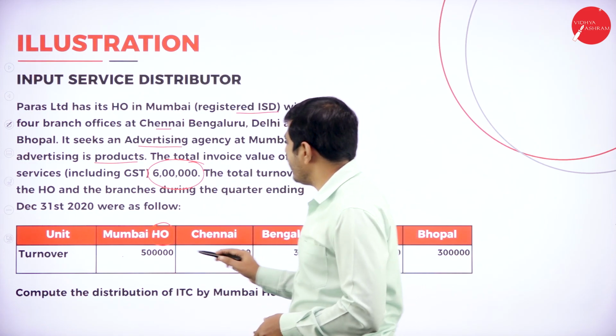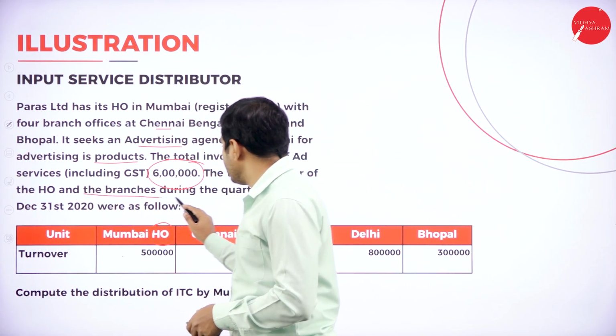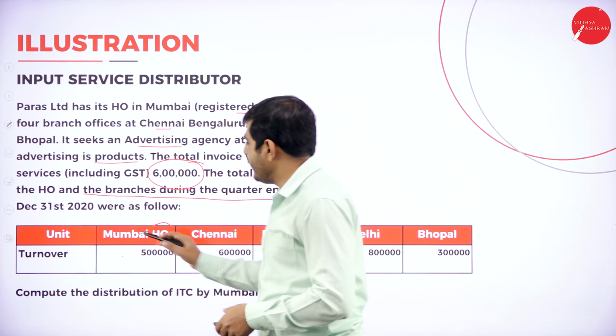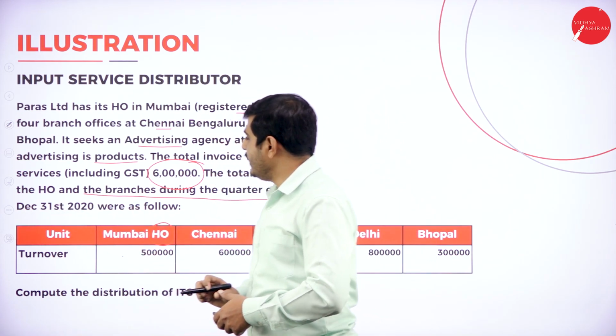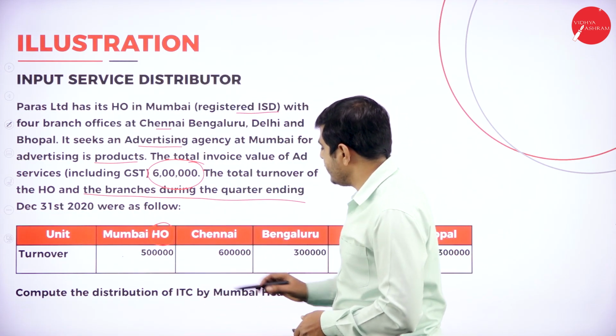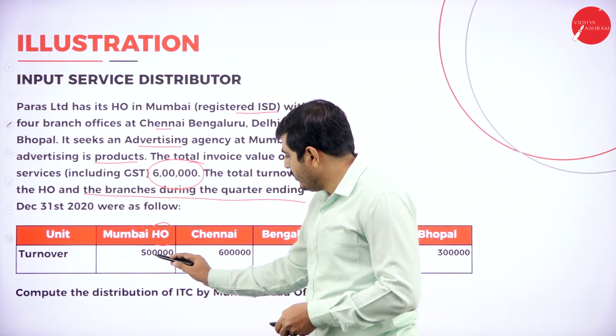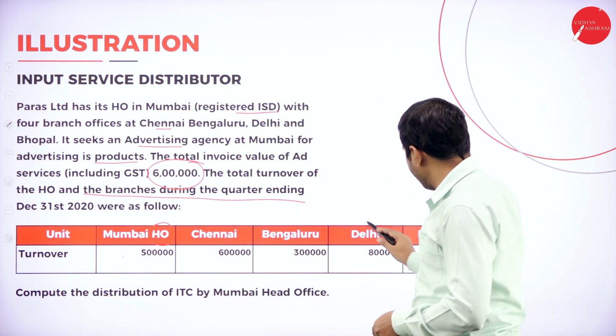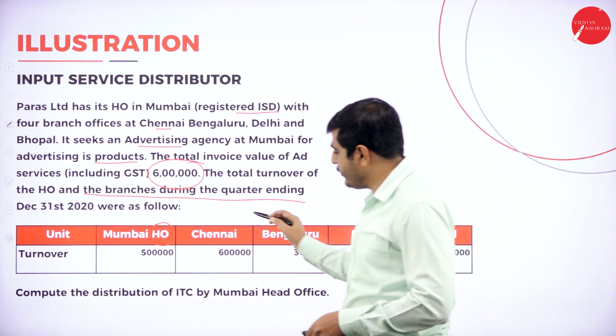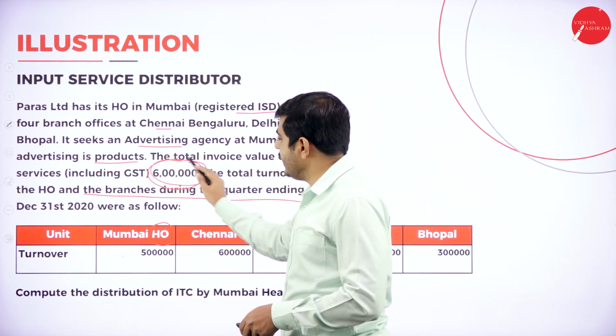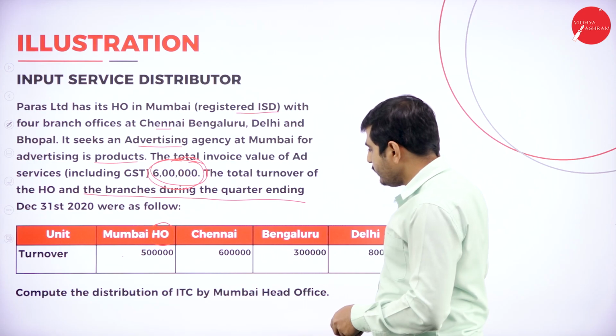The total turnover of the head office and the branches during the quarter ending on 31st December 2020 was as follows. What is our turnover? 5 lakh, 6 lakh, 3 lakh, 8 lakh and 3 lakh. On the basis of this, we have to distribute this credit to all the branches.